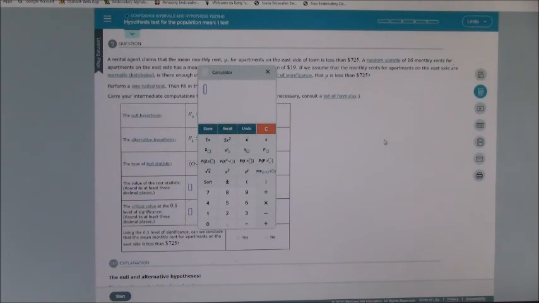So next we're going to do hypothesis testing for the mean and the t-distribution when you don't know the population standard deviation, but you do know the sample standard deviation. Again, when we do this, you may have a list of data or you may just have the statistics. So if you have the list of data, you're going to have to type the data into list 1 by hitting Stat and 1 to edit.